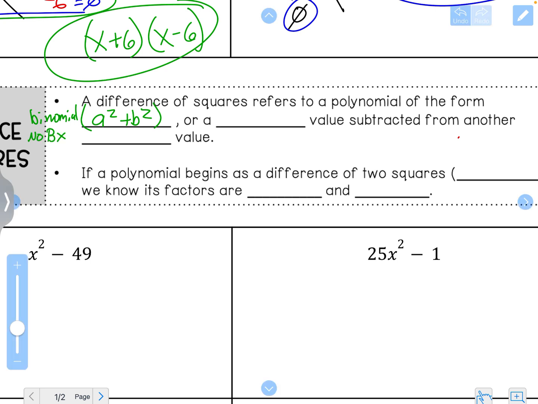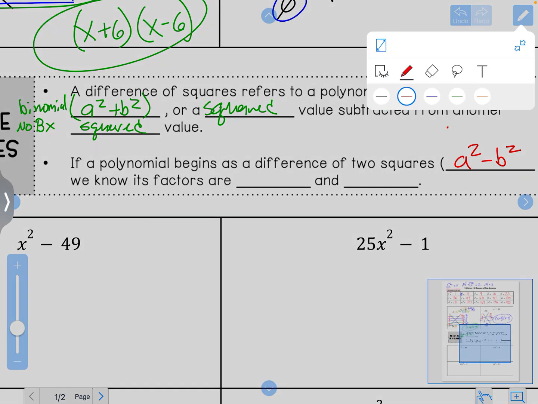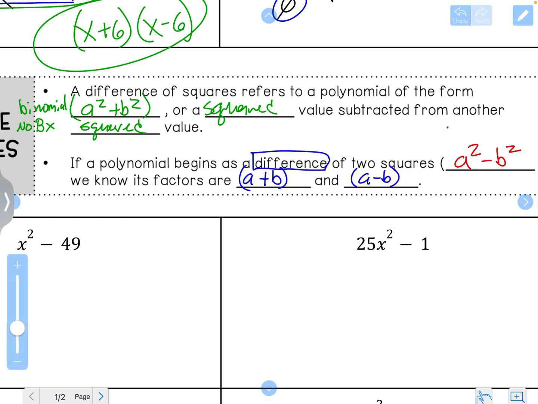Or we can think about it as a squared value subtracted from another squared value. So if our polynomial begins as the difference of two squares, which is a squared minus b squared, then we know its factors are going to be a plus b and a minus b. That's where we get that difference. One is going to be positive and one is going to be negative.